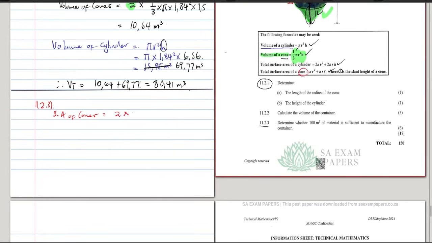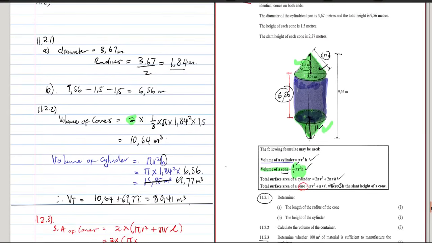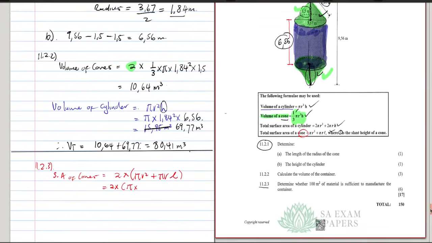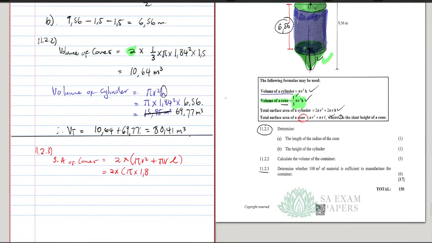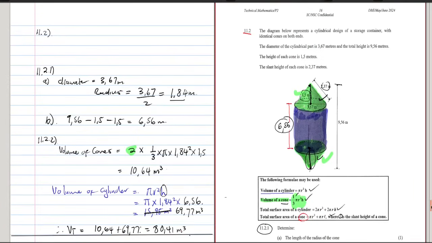It's open bracket pi r squared plus pi r times slant height, equals 2 times pi multiplied by the radius of that cone, 1.84 squared, plus pi times 1.84 multiplied by the slant height, which is 2.37.